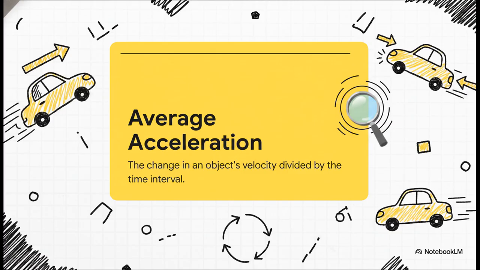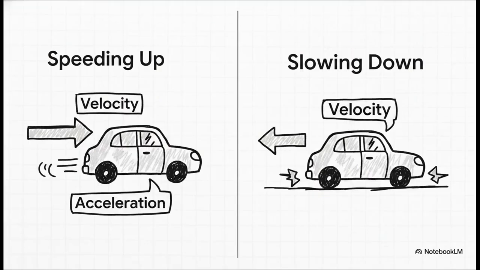Taking a turn at a constant speed, that's acceleration. And it's all about direction. When you hit the gas and speed up, your acceleration is pointing in the same direction you're moving. But when you hit the brakes, just like our truck, your velocity is still pointing forward, but your acceleration is pointing backward, working against it. That's all slowing down is. It's an acceleration in the opposite direction.